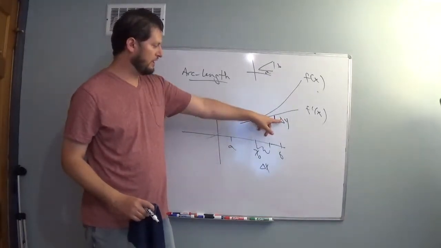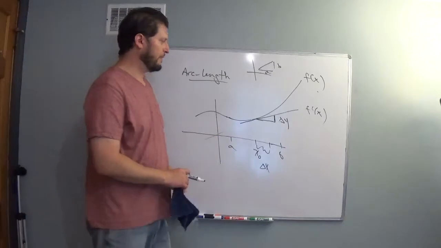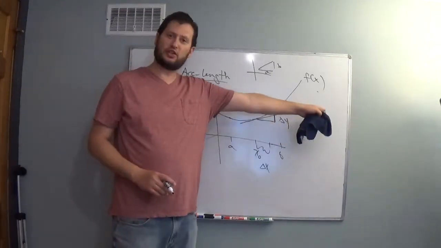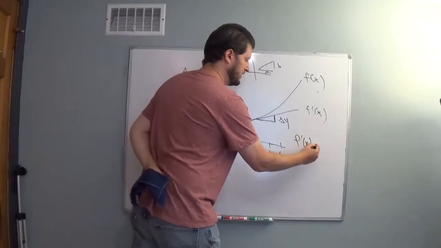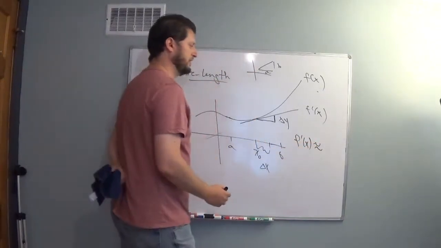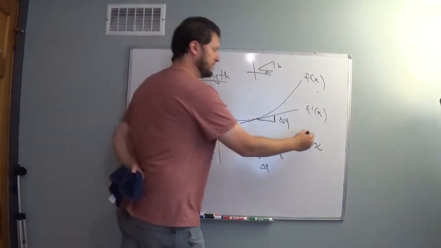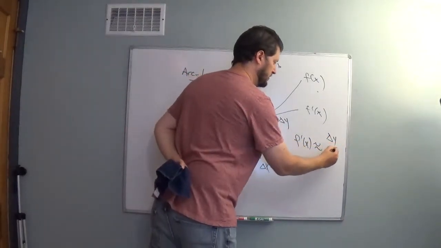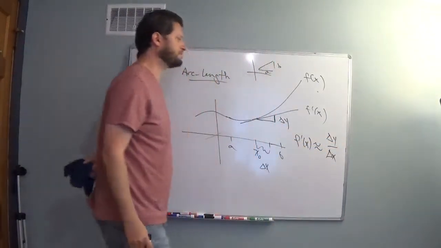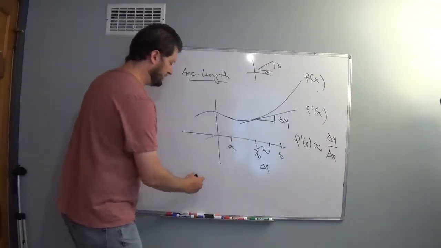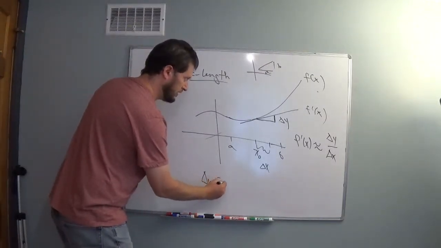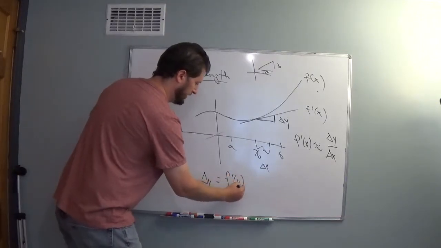So delta y and delta x get us the slope of the tangent line: f prime at x is approximately the rise over the run, which is delta y over delta x. So that delta y is f prime at x times delta x.